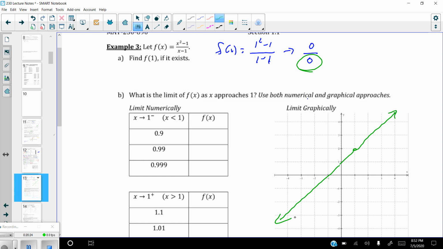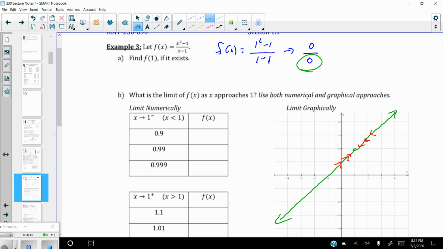But what we want to do is look at it numerically. So what you would do is approach this from both sides. You would approach from the left side, and you would approach from the right side. Now again, graphically, we can see, because this graph is pretty accurate here. But numerically, what would we do?